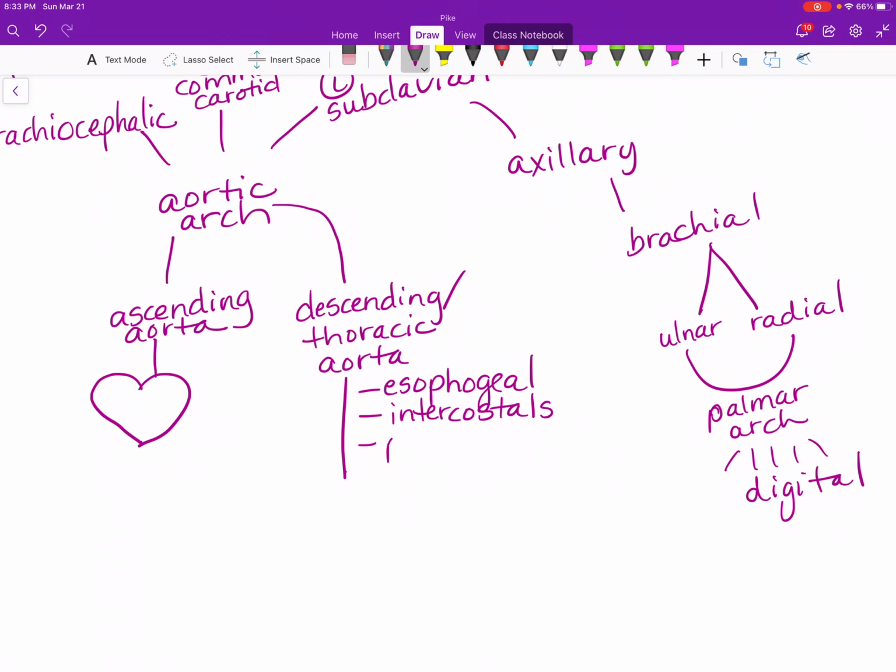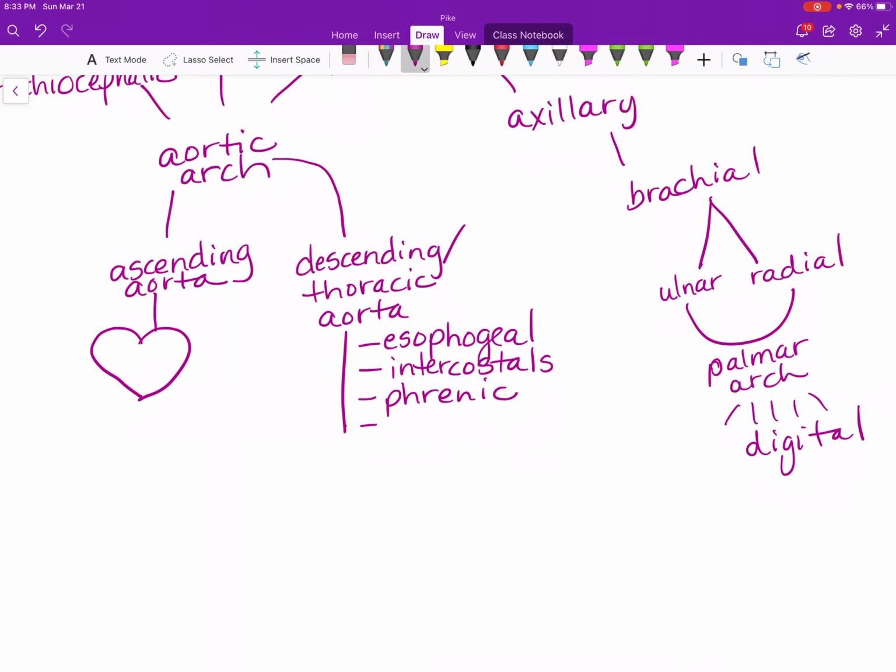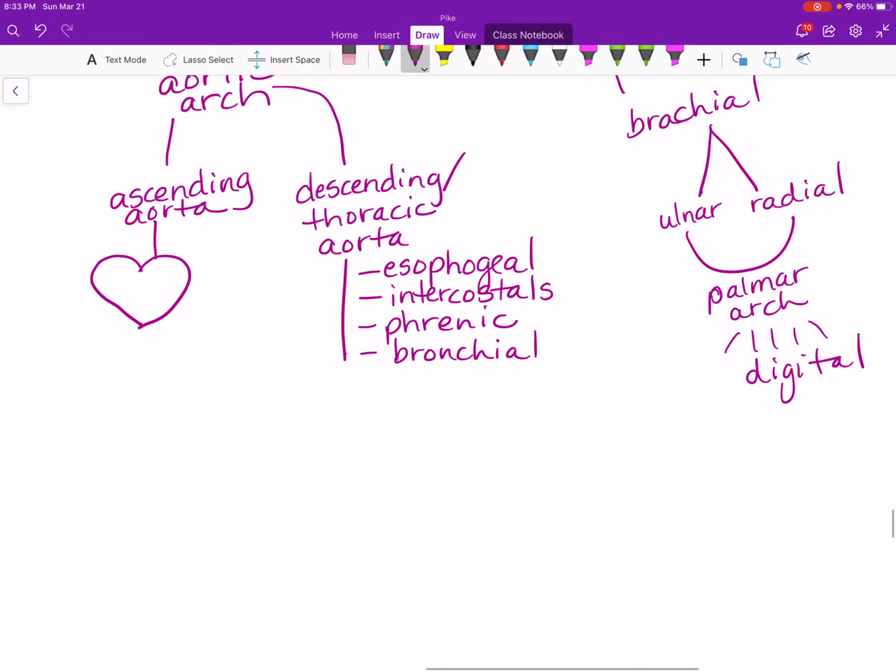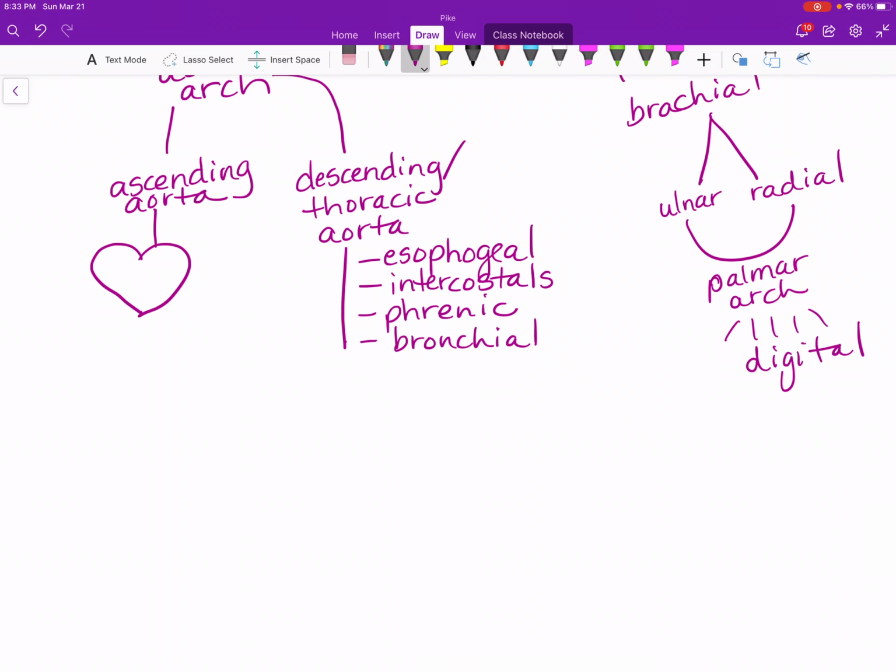We have the phrenic, which is dealing with your lungs. We have the bronchial, supplying your bronchial tubes, all coming off of the thoracic aorta. Okay, so now we've got your diaphragm.